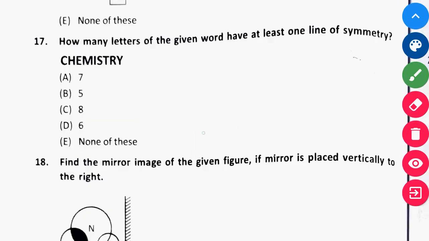And this question is also for your homework. You can try it at home. You have to find the symmetry in the given letters.